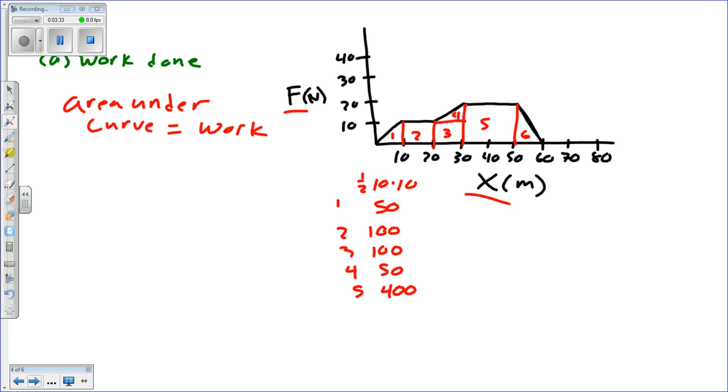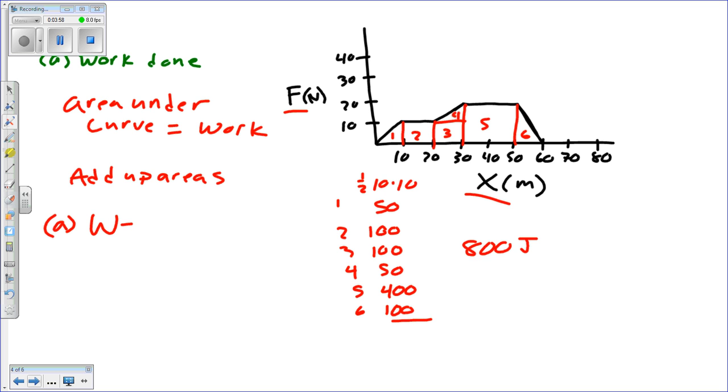Region 6 is 10 by 20. Half of that is going to be 100. So when I add them up, I get 150, 250, 300, 700, 800. 800 joules of work. Add up the areas. So part A, the work done is 800 joules.